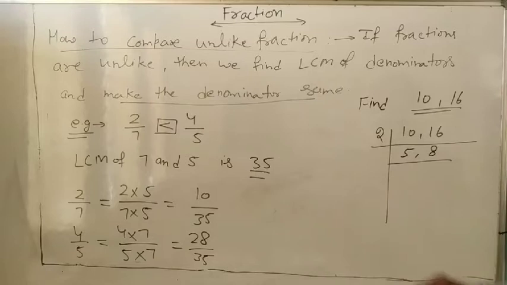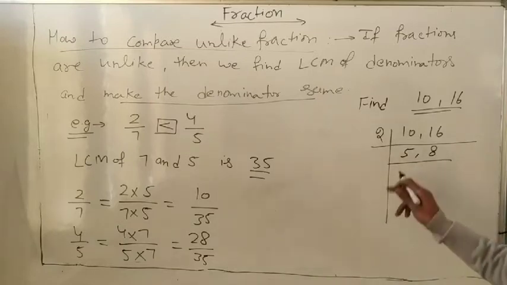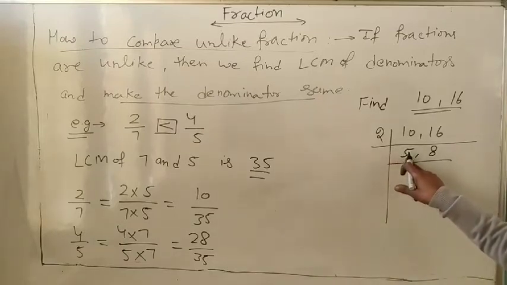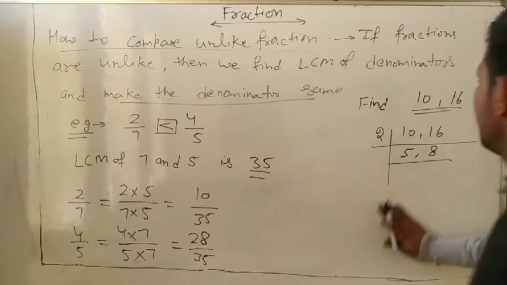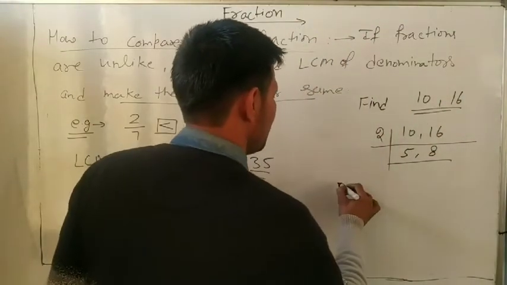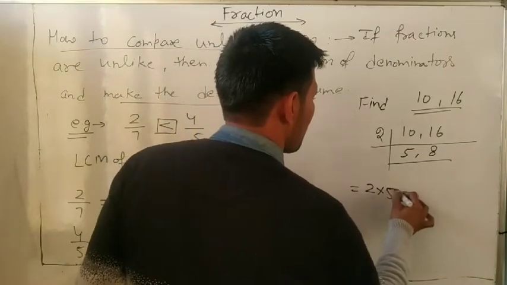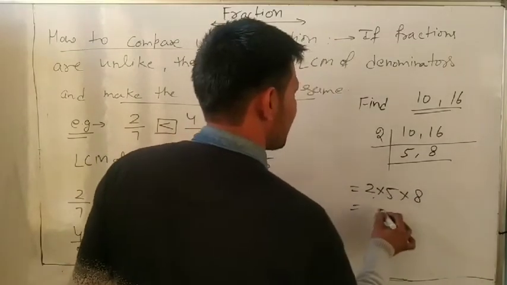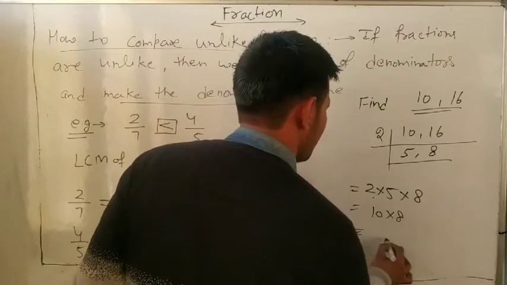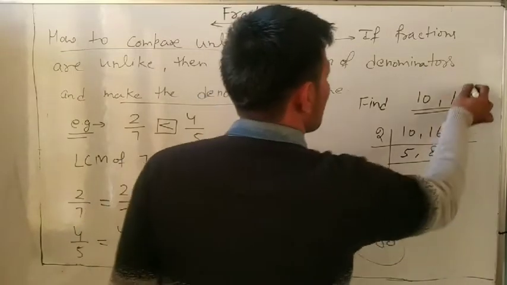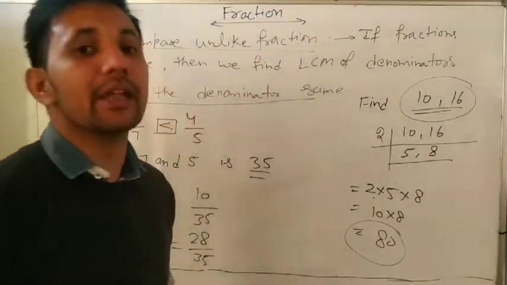Any other number which can divide both numbers? 5 divides only 5, not 8. 3 no. So no other number. So the LCM is 2 into 5 into 8. 2 into 5, 10. 10 into 8, 80. So the LCM of 10 and 16 is 80.